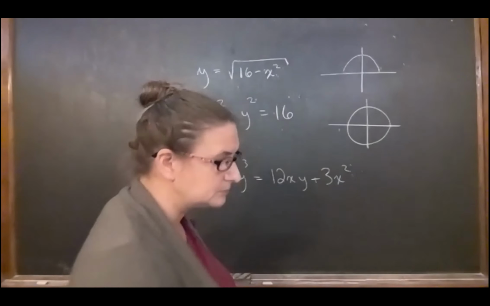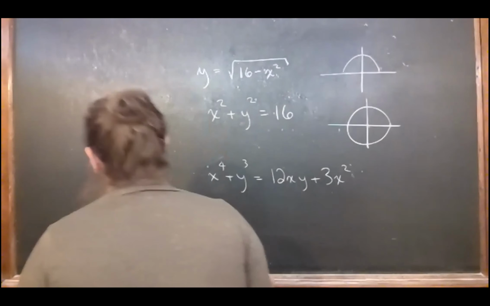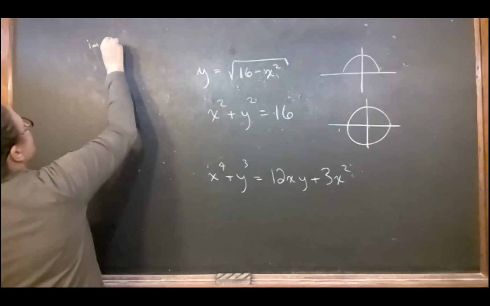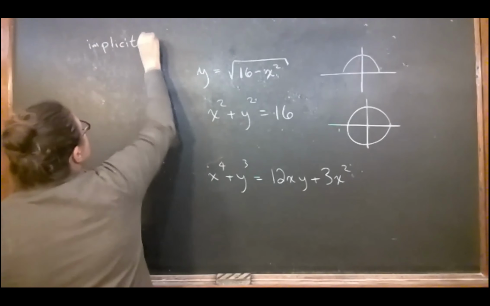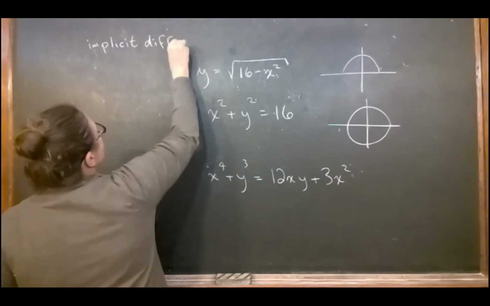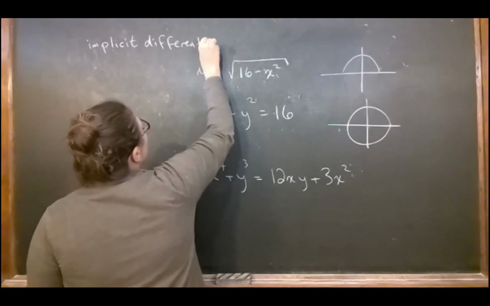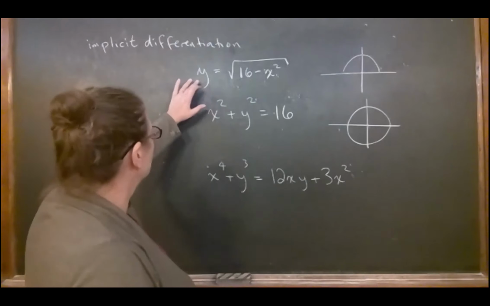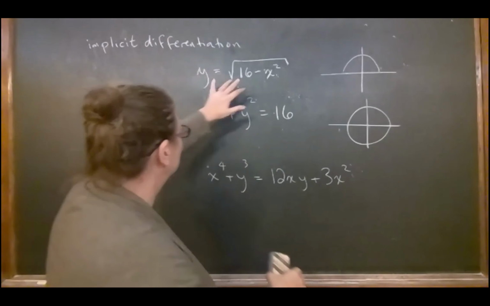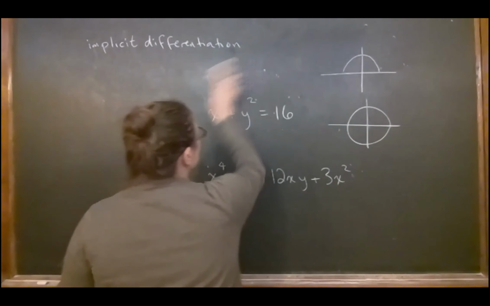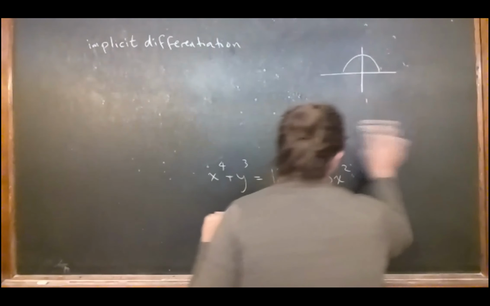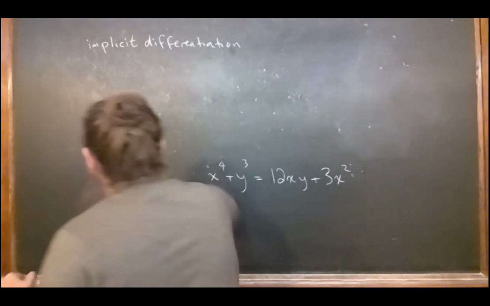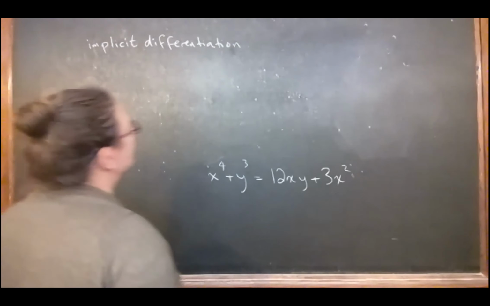Implicit differentiation. Rather than having what we have here, which is y written as a function of x, we're going to have some messed up thing maybe where all the x's and y's are together.